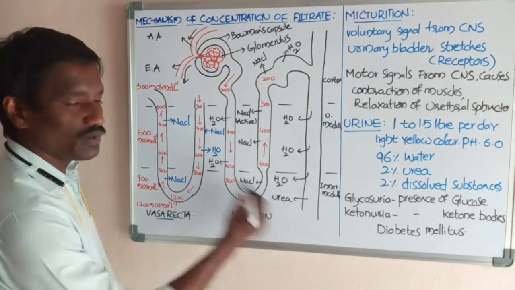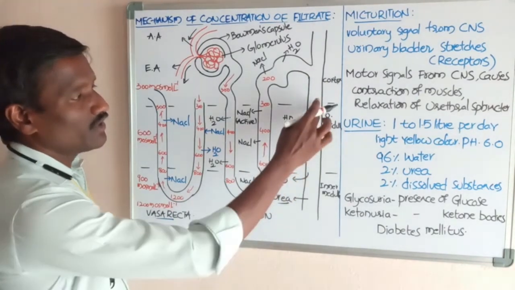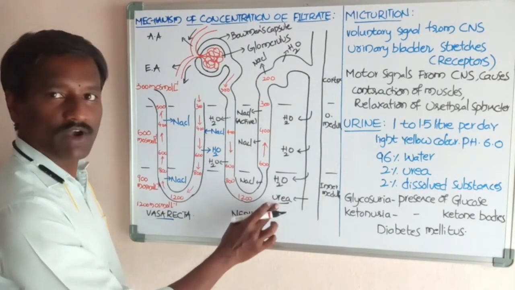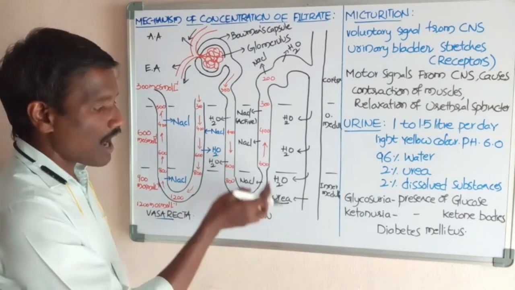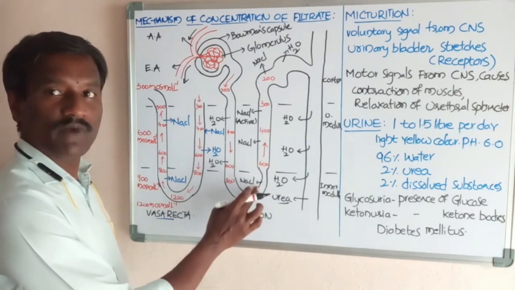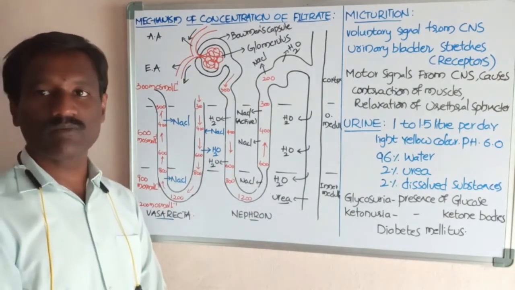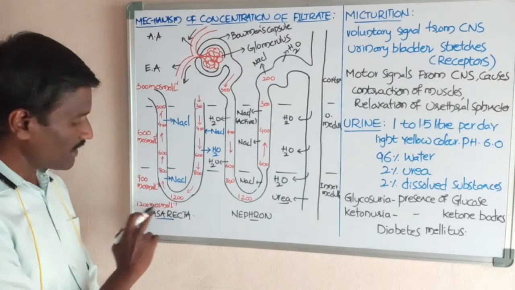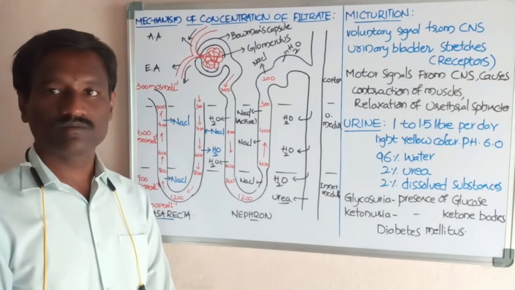Now, what about the urea? The urea present in the urine in the collecting duct enters into the medullary interstitium and is absorbed into the urine through the ascending limb of the loop of Henle. From this it enters the medullary interstitium to maintain high osmolarity in the medullary interstitium, equal to 1200 milliosmolarity per liter.